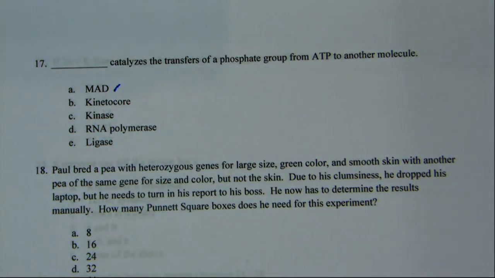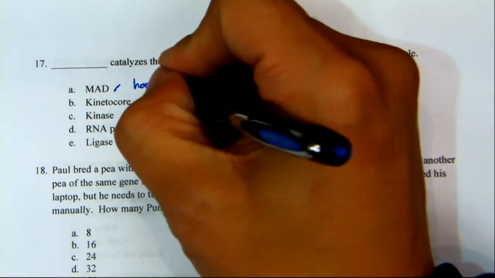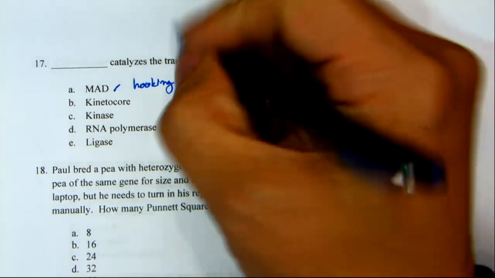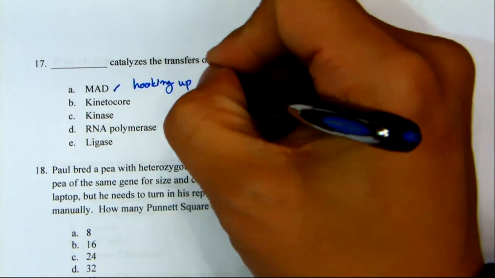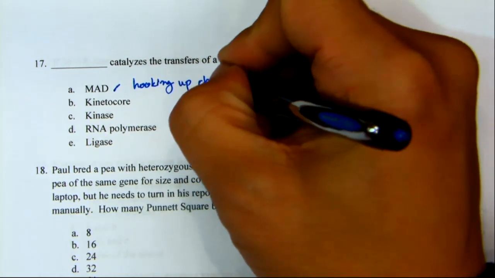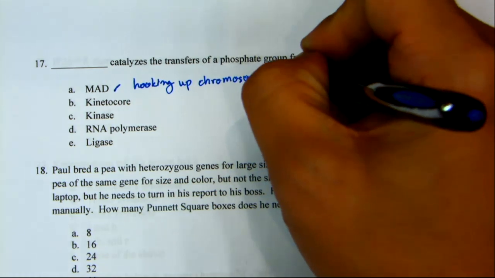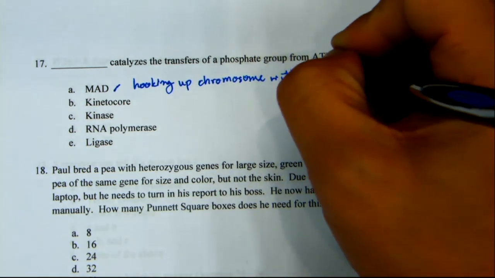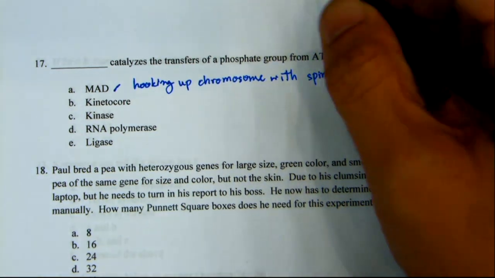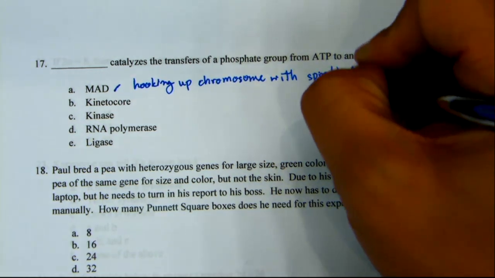MAD is the gene responsible for hooking up chromosome with spindle fiber.